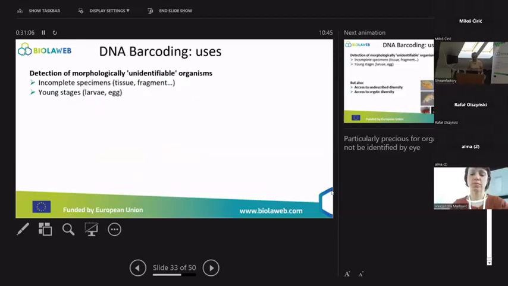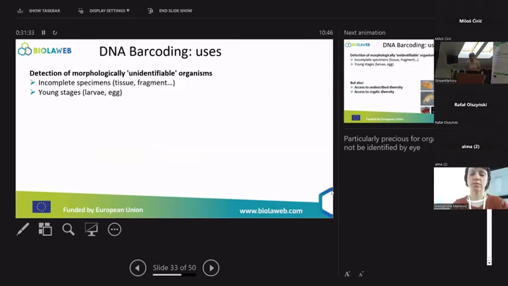Something that is very interesting about barcoding is that you can use it to identify otherwise unidentifiable organisms. Sometimes you have incomplete specimens that are degraded, or only a part of a tissue, or just a fragment, or it may be incorporated in food or whatever.